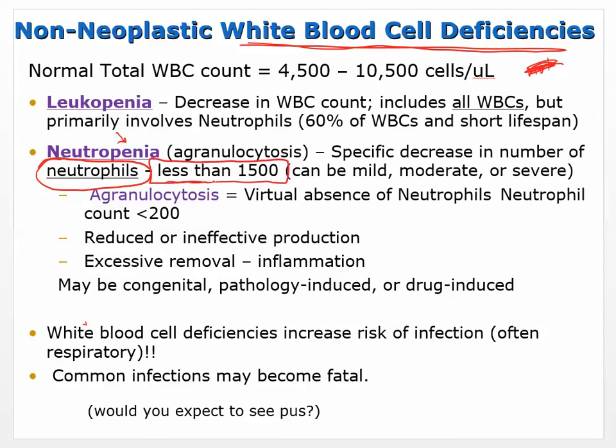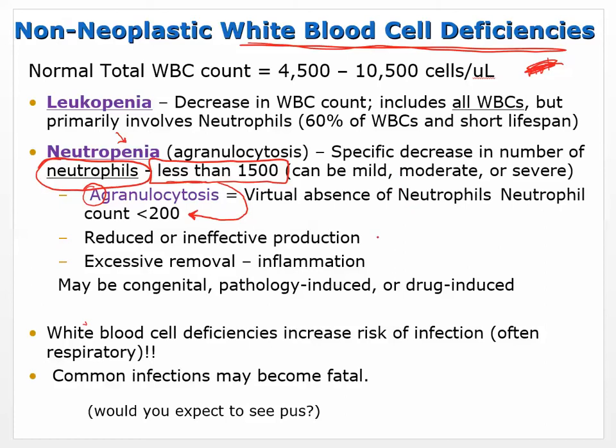What if you just completely don't have any neutrophils? We call that agranulocytosis. Now, what is not having any? It's not zero, it's less than 200. If you remember, less than 1,500 is a deficiency. Less than 200 is effectively none. So that's where it's agranulocytosis.